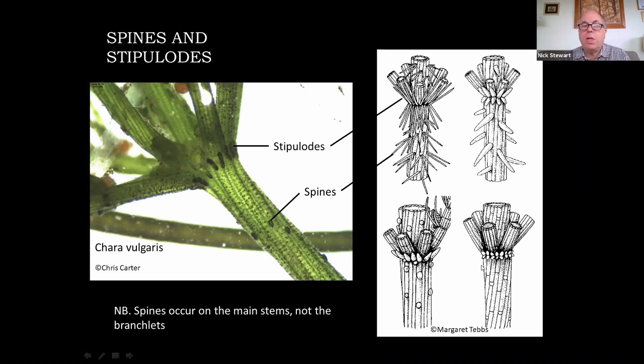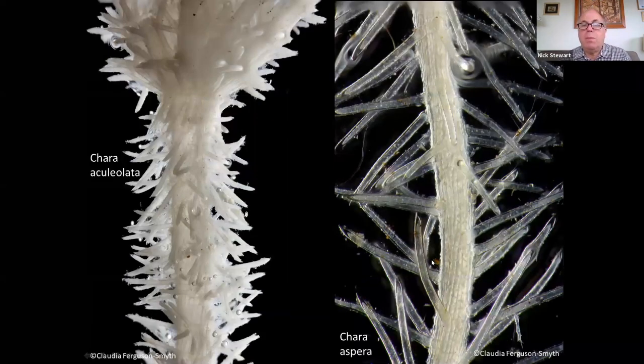Just to show some examples, both of these are classified as being sharp spined, very acute tips to the spines. In this one you can see that they're in groups. You can see one coming out there and another one coming out there. Also here you can see there are several coming out from the same point.